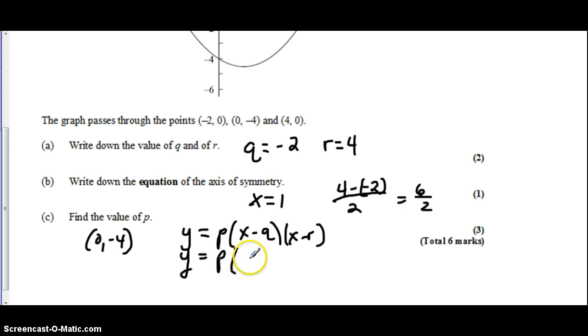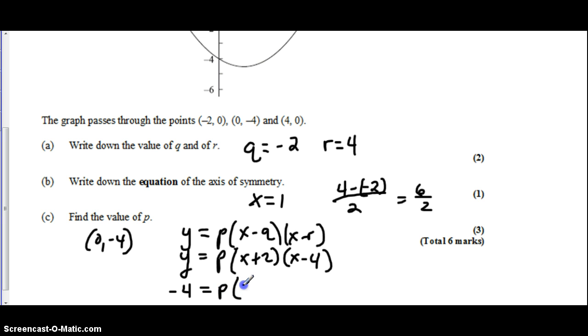So we know our equation would be p times (x plus 2) times (x minus 4), and we can use our knowledge of our y-intercept to find p. So I can plug in this point (0, -4) to find p. So -4 for y, and then 0 for x.